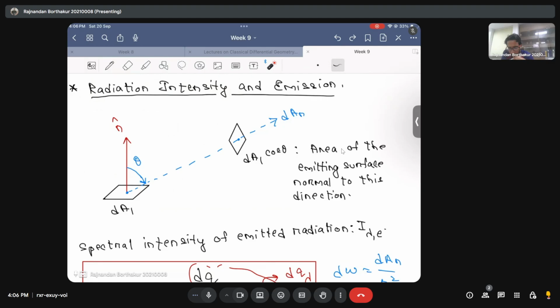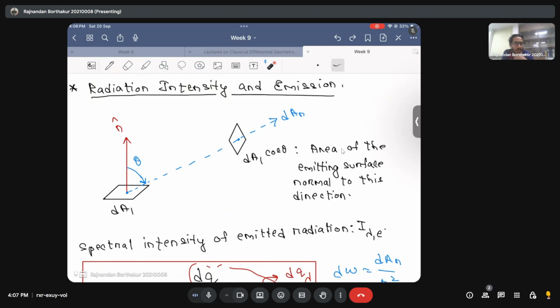Again, you can ask me why we are defining radiation intensity, because we can also define emissive power. You will see that the emissive power and the radiation intensity have subtle differences in general. But they are related to one another if we consider certain assumptions.